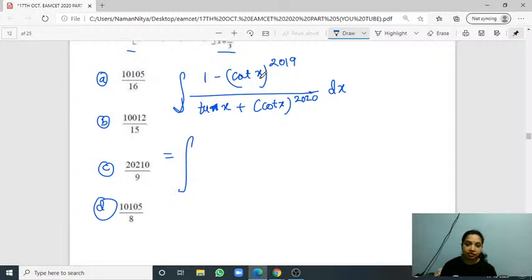So cot x I will just write as cos x by sin x, and then I will take the LCM also. The two things I am doing at the same time.